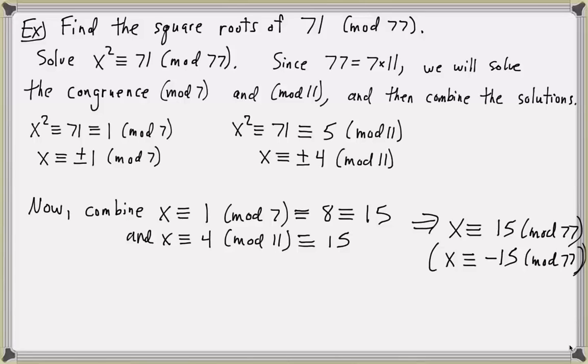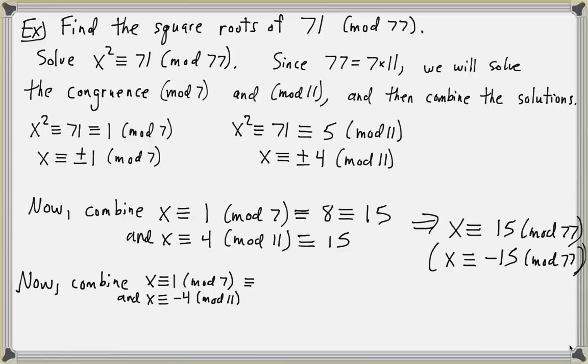Now let's try combining x congruent to 1 mod 7 and x congruent to negative 4 mod 11.